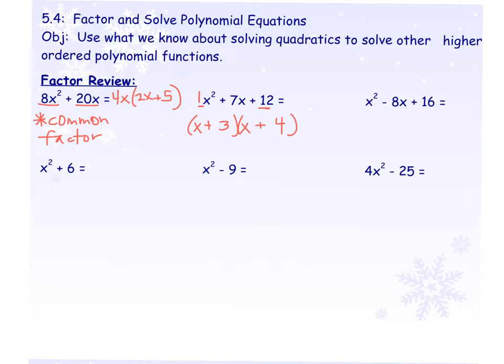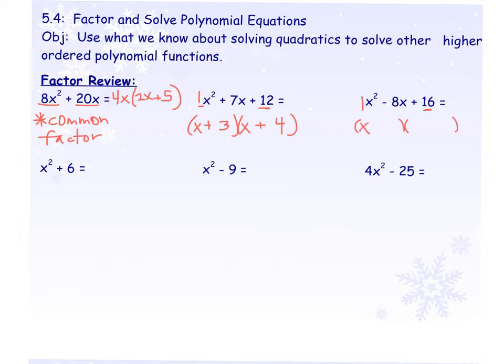Try the next one. x squared minus 8x plus 16. Again, technically the coefficient in front of x squared is 1. Now we want to try to break down 16 in a way to get negative 8 in the middle. Well, 16 breaks down into 1 times 16, 2 times 8, or 4 times 4. So if we use 4 and 4, we'll set up our two parentheses.